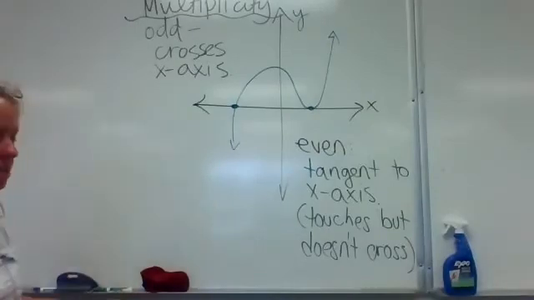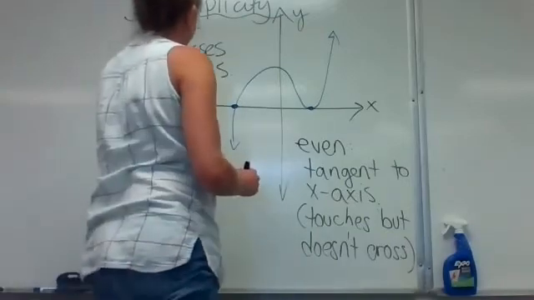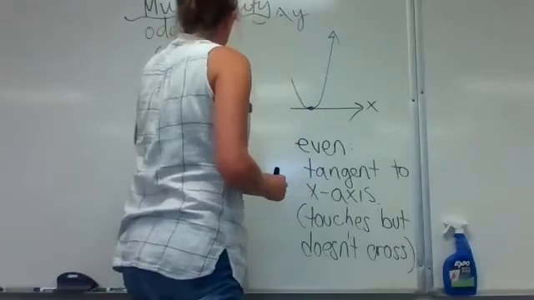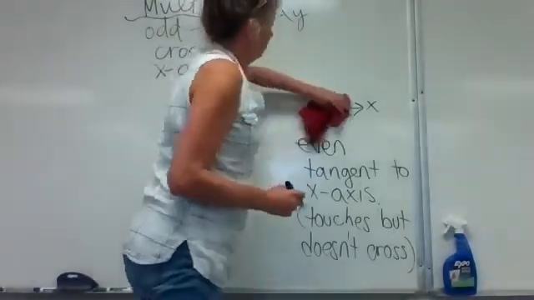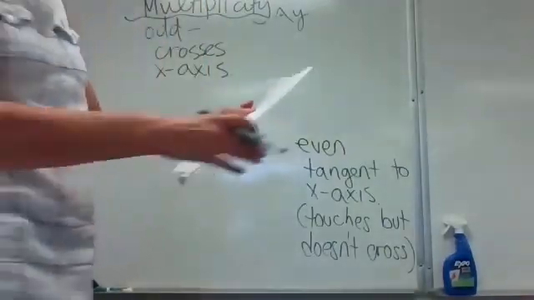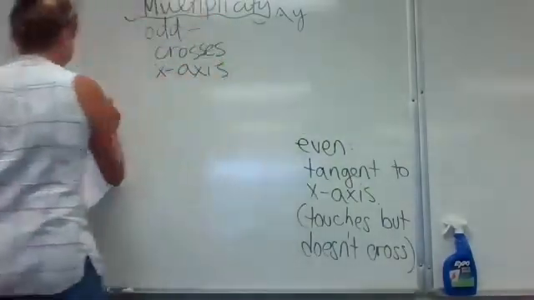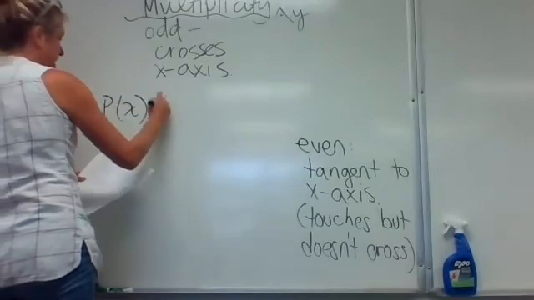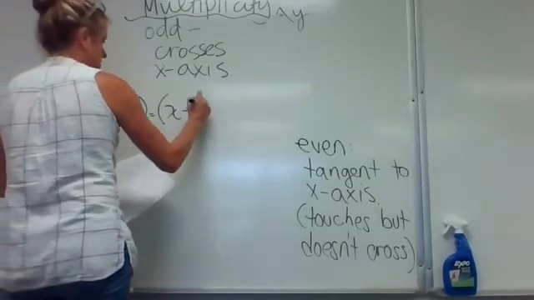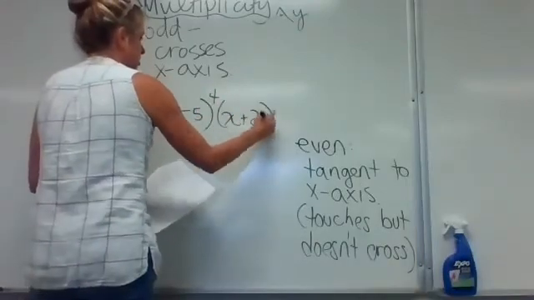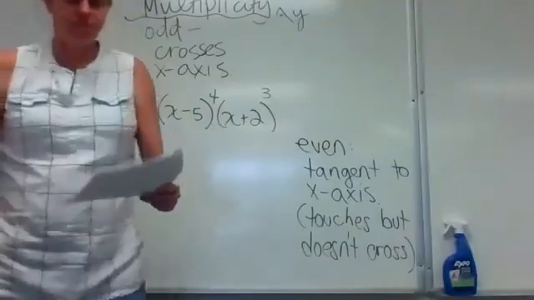Okay, 11. These are true or false. It says if P of X is (X minus 5) to the 4th power times (X plus 2) to the 3rd power.